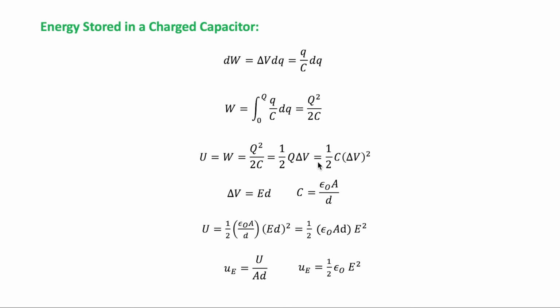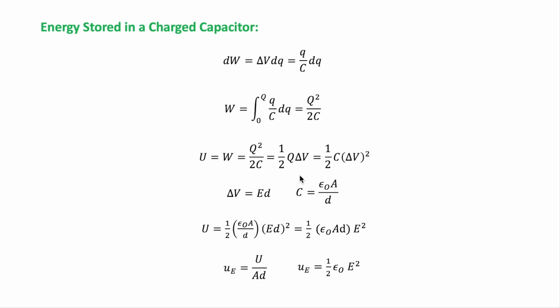And this is due to electric discharge that will eventually occur between the plates at a sufficiently large value of delta V. And so a capacitor is labeled by a maximum operating voltage. So this potential energy of the capacitor is stored in the electric field between the plates.